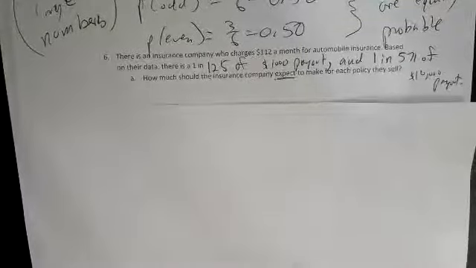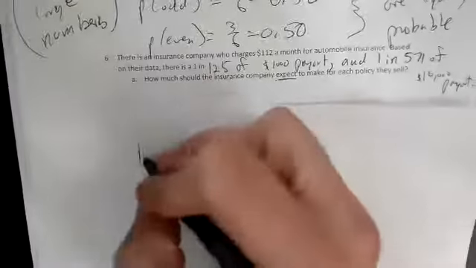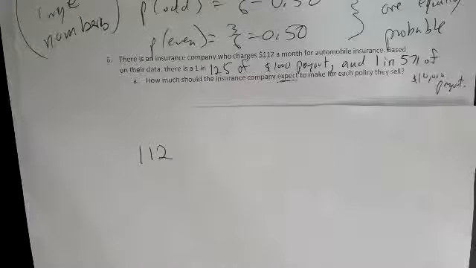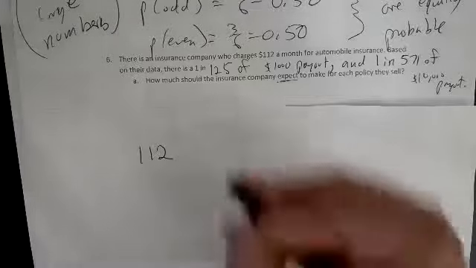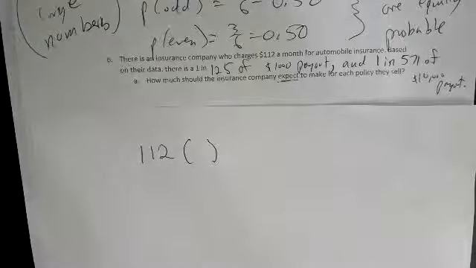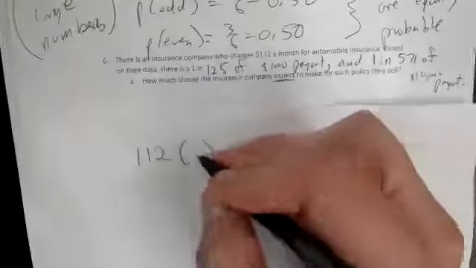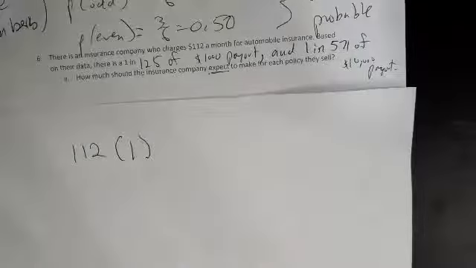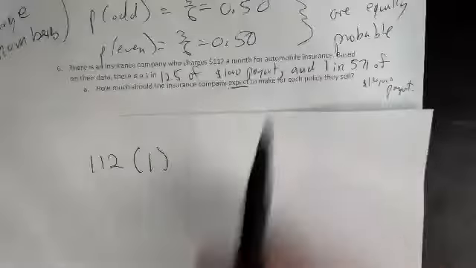So if I'm the insurance company, the first thing I want to talk about is this 125. This is my value. Is it positive or negative? Am I getting that or am I paying it? Positive. It is positive because I'm getting it. And it might seem a little silly, but what's the probability that I will get $125 out of this person? And then I want to talk about a payout of $1,000.